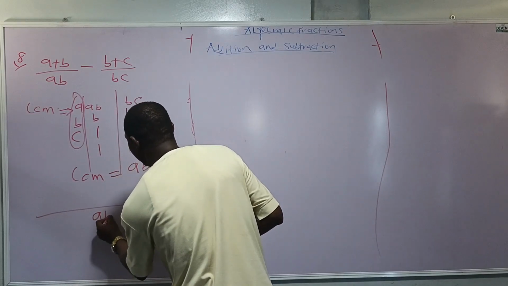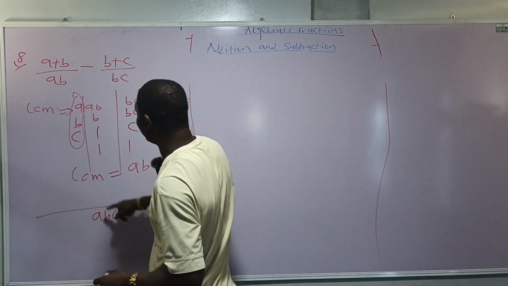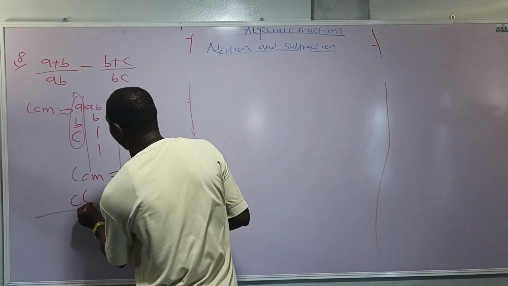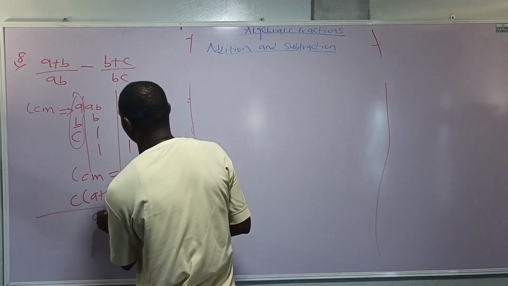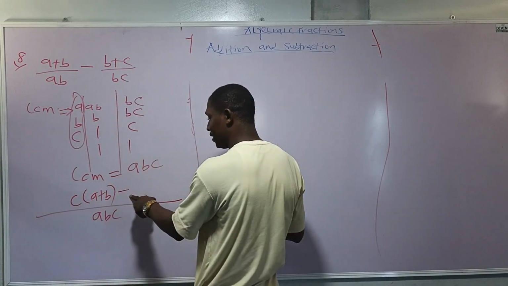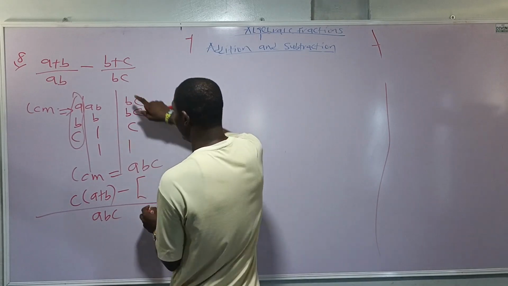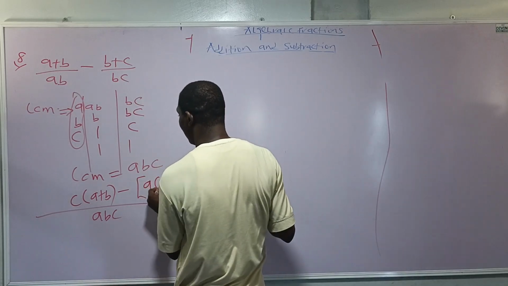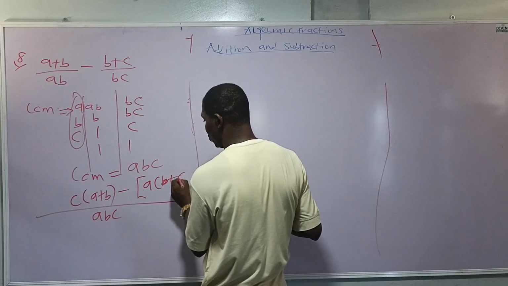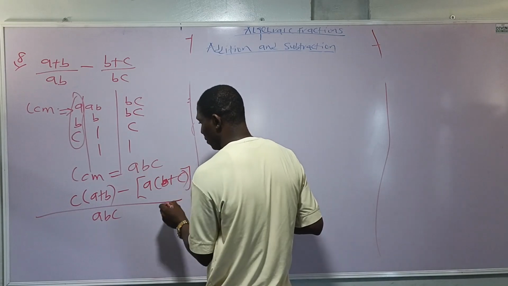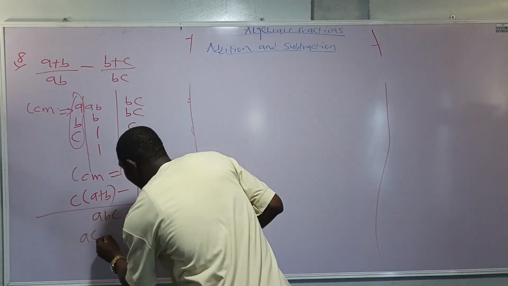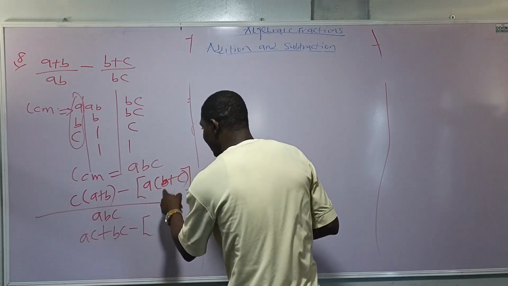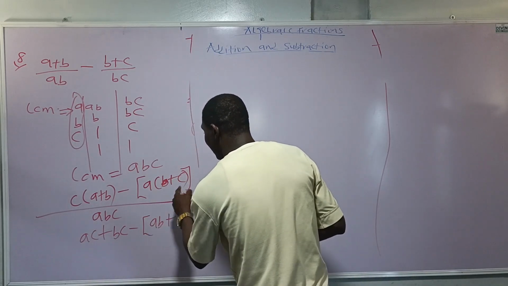We have our ABC. If ABC is divided by AB, I'll have C left. So I have C brackets A plus B. Put my negative sign. Whenever I see a negative sign, I always use a square bracket. If ABC is divided by BC, I'll have A, and I'll have in brackets B plus C. Now, C times A will give me AC, plus C times B will give me BC, minus A times B will give me AB, plus A times C will give me what?